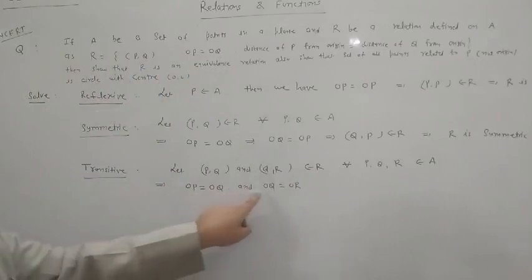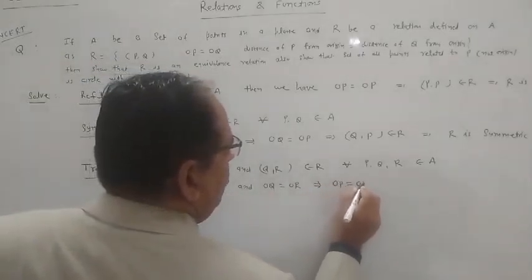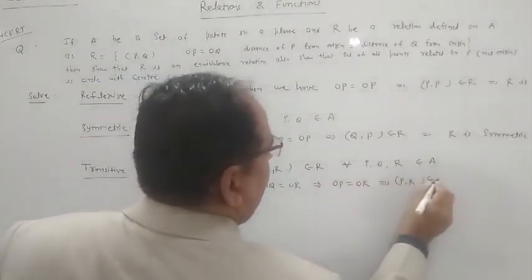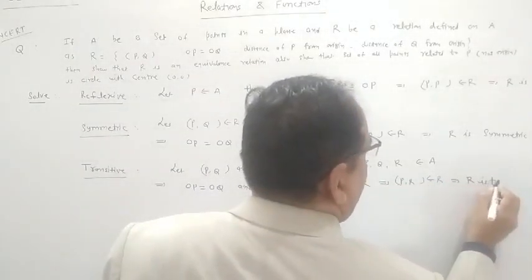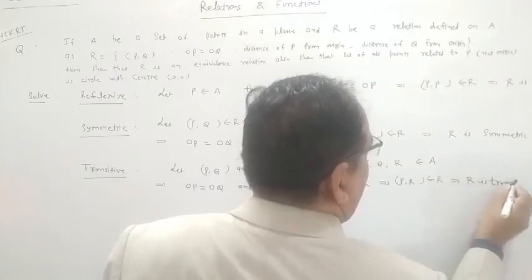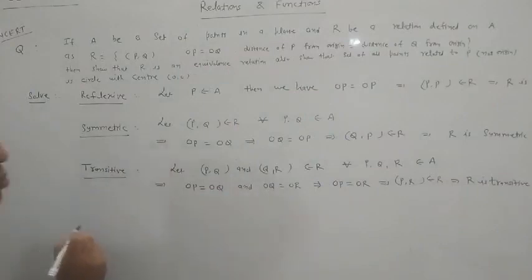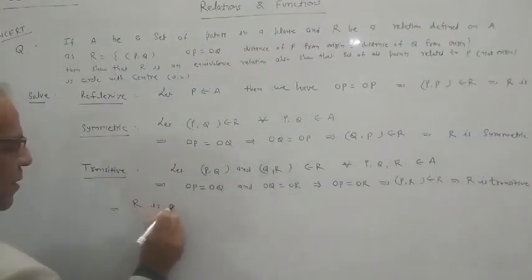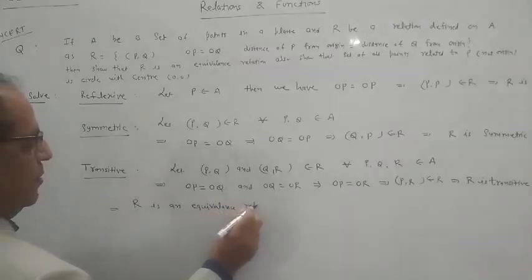So OP equal to OQ, OQ equal to OR, which implies that OP equal to OR. This implies that (P, R) belongs to R, so R is transitive. This implies that R is an equivalence relation.